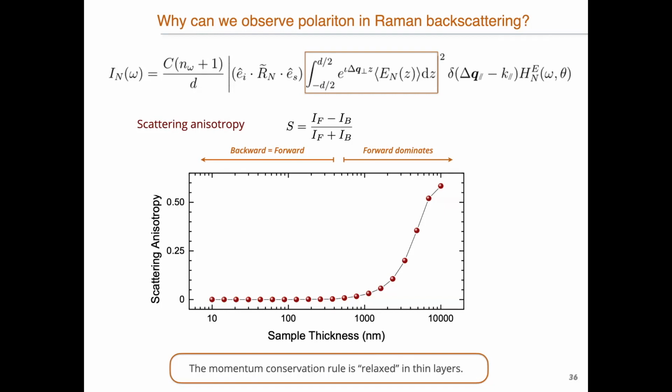If we are at very thick layers, 10 micron, which is very thick, we do have some form of anisotropy, but only a quarter of the light is scattered backward and three quarters is going forward. But if you decrease the thickness to about 1 micron, half of the light goes forward, half goes backward. So it is because of this integral, the breakdown of the momentum selection rules in the confinement direction, that makes it so easy to measure phonon polaritons in backscattering.